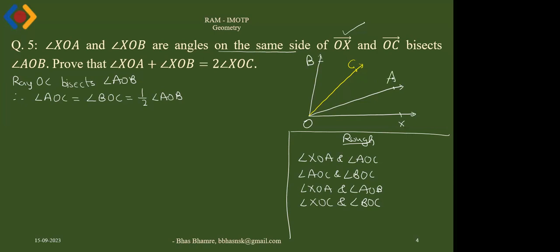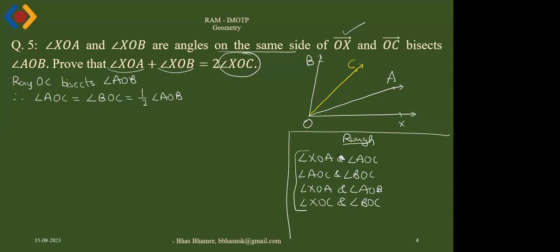Yes. Okay, now we need to assemble some thoughts about XOA and XOB. I am finding where XOA and XOB are, and I need to reach twice angle XOC. So first of all I need to concentrate on what possible pairs of adjacent angles there are. Because they are adjacent, we have the angle addition axiom.